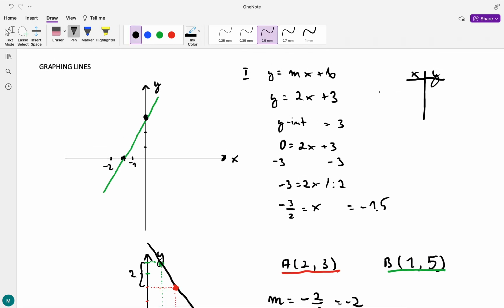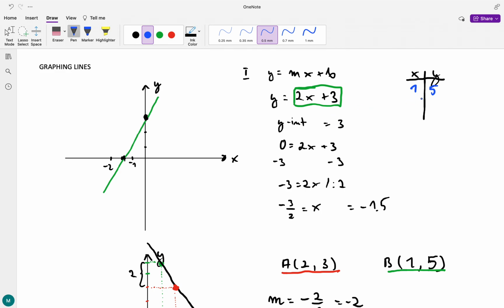You can always do a table and start plugging in arbitrary values for x and y. So using this example, 2x plus 3y, we just need to find 2 points and connect them. I'm going to plug in 1 for x, and 2 times 1 is 2 plus 3, that's equal to 5.